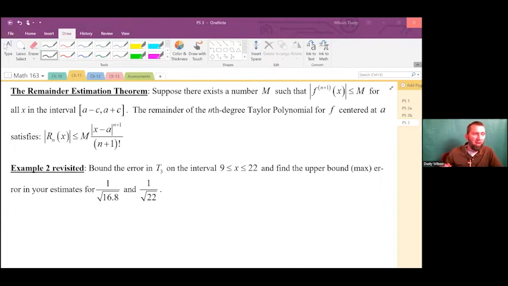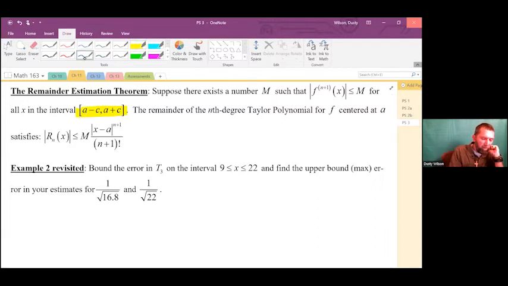Whew, that's a mouthful. Let me make a note or two about this definition before we continue. The first has to do with this interval from a minus c to a plus c.